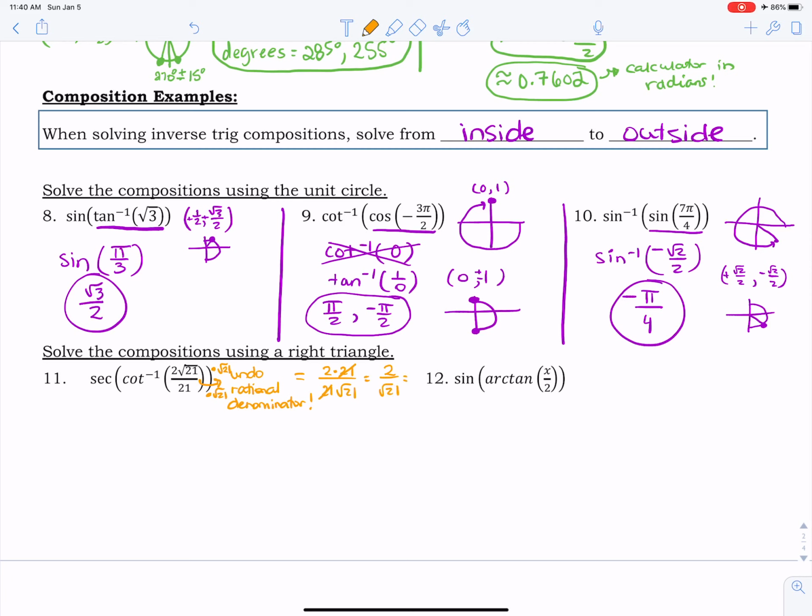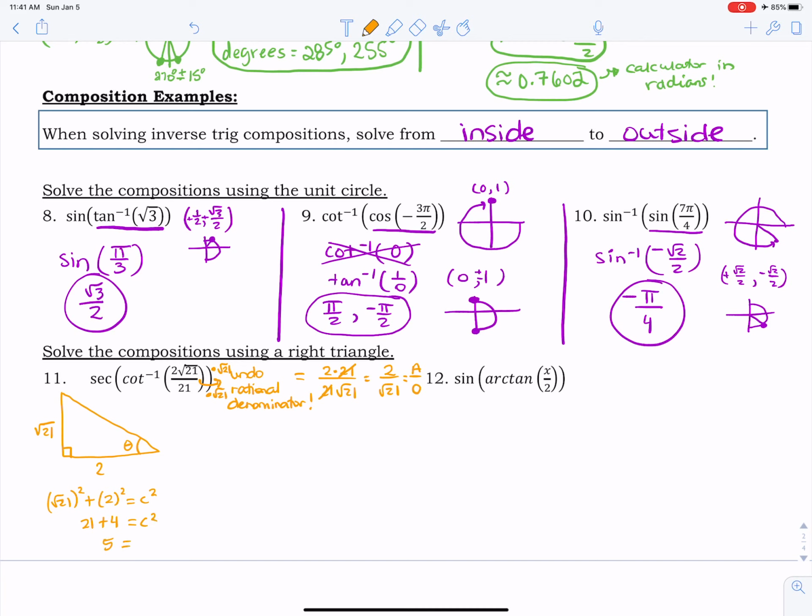And since this is cotangent, cotangent is the opposite of TOA, so it's A over O. And then we do our triangle. Okay, so my adjacent is 2. My opposite is square root of 21. Let's solve it. Square root of 21 squared plus 2 squared equals c squared. Well, that's 21 plus 4 equals c squared, and so that's just going to be 25.